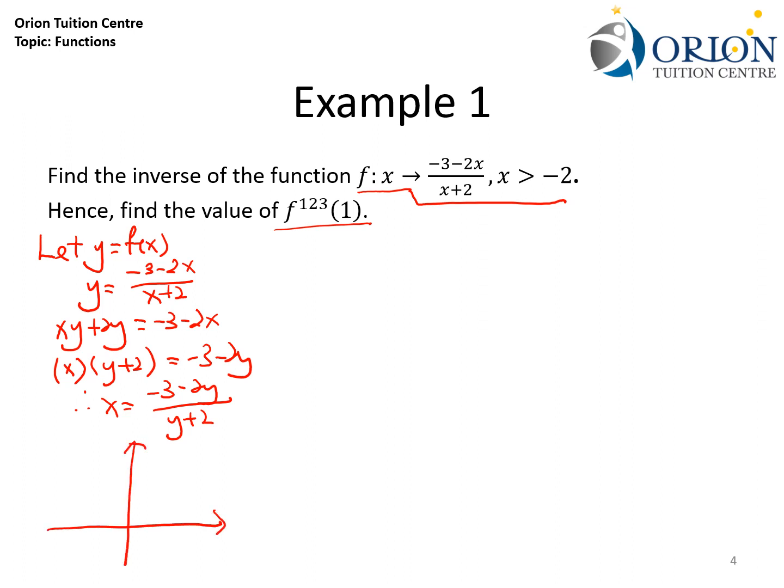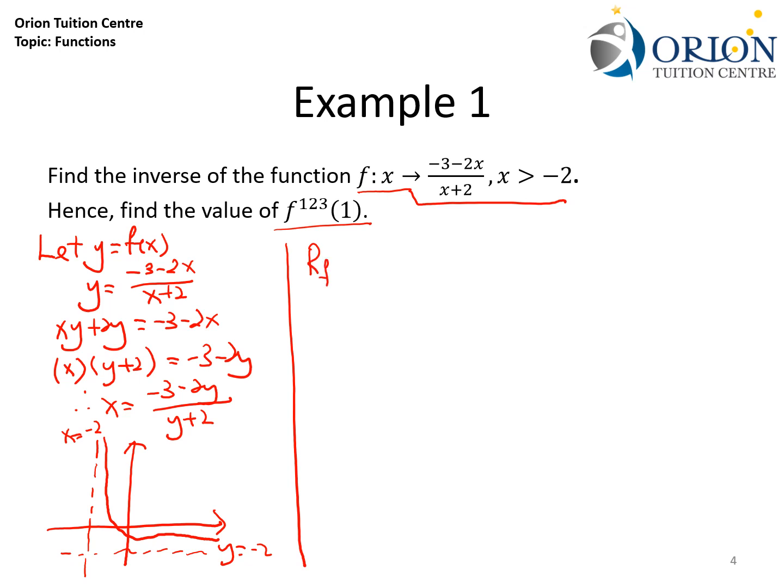If we just plot it on our GC, we can see that there will be two asymptotes: x equals minus 2 and y equals minus 2 as well. And the graph looks like this. Therefore, we know that the range of f, which is equal to the domain of f inverse, will be minus 2 to infinity, which is exactly the same as the domain of f.